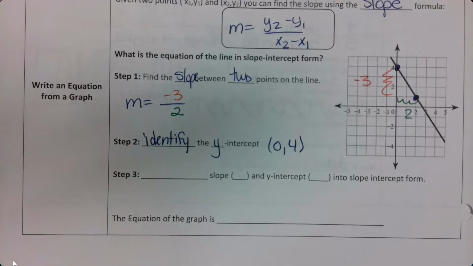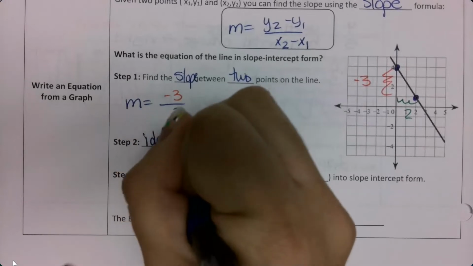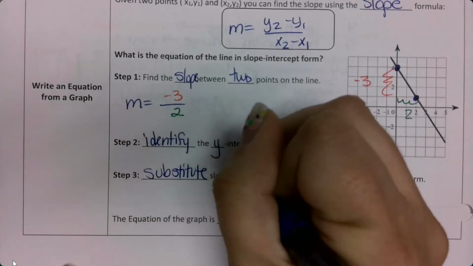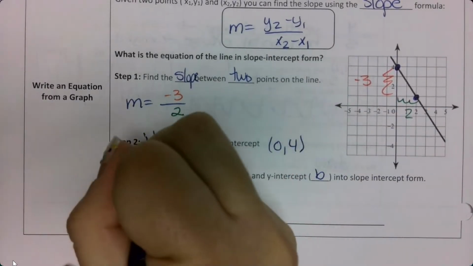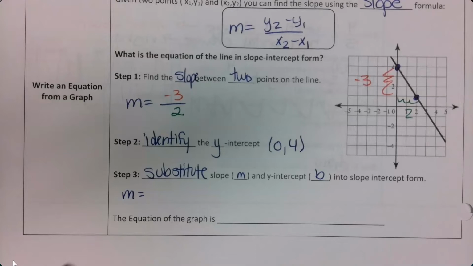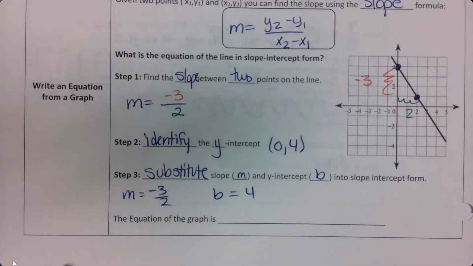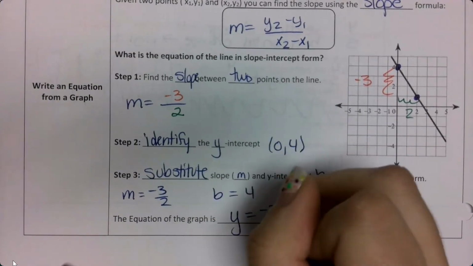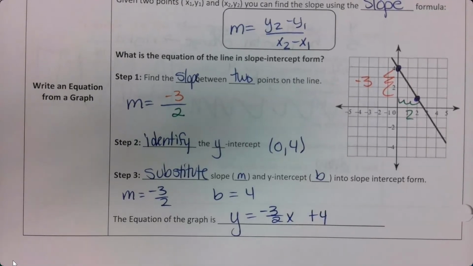Okay, so then I want to substitute my slope and my y-intercept back into slope-intercept form. So my slope is, what do we say my slope was? And my y-intercept? 4. So the equation of my graph is going to be y equals -3/2 x plus 4. Yeah, because it's a positive.